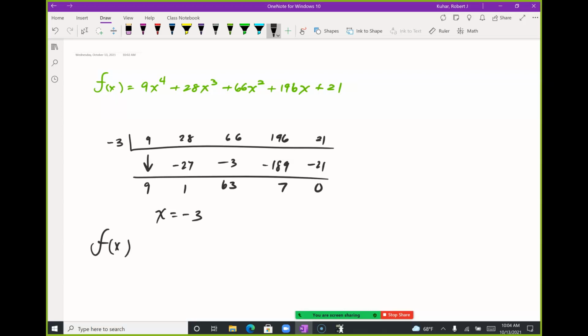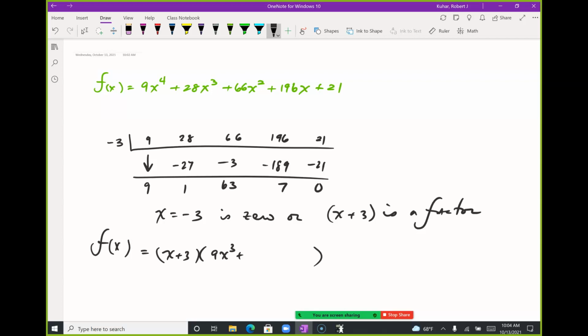Diego had probably looked at the graph and saw that it cut through negative 3. Oh, got it. So x equals minus 3 is a zero, or x plus 3 is a factor. So now f of x is x plus 3 times that depressed equation, which is 9x cubed plus x squared plus 63x plus 7.